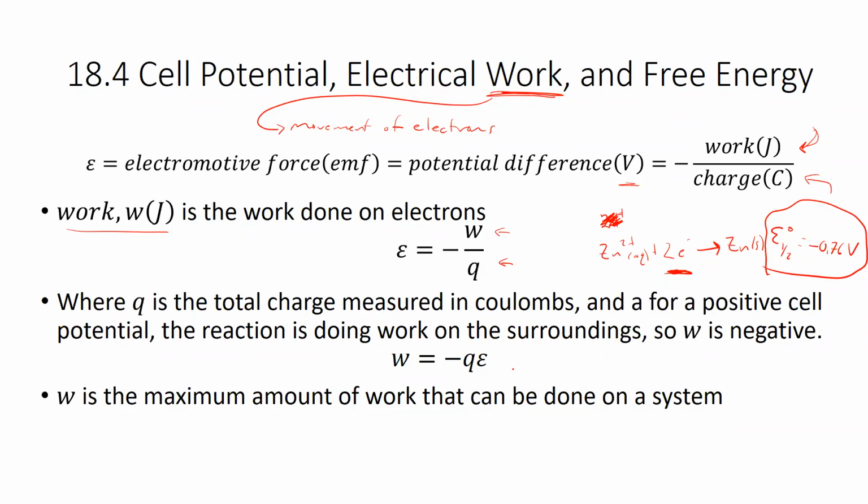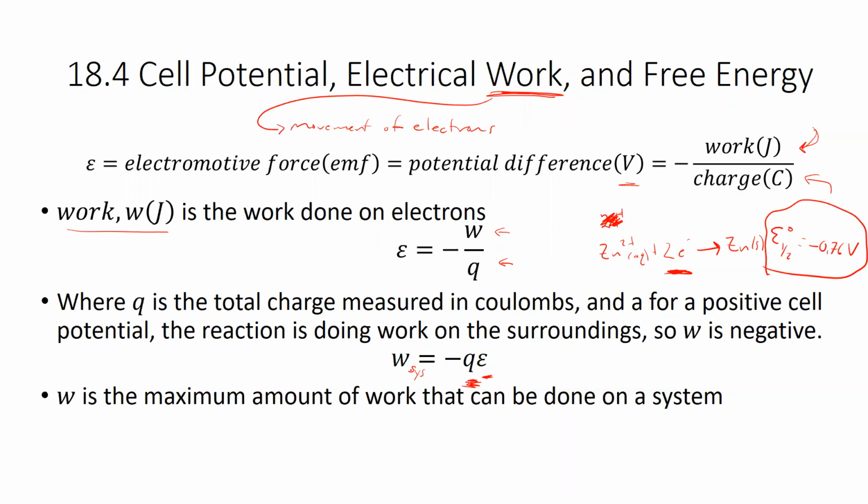And so what we can do here is say, okay, if we think about the charge as being the total charge in coulombs, and that Q is the positive charge, and for a positive cell potential the reaction is doing work on the surroundings, that must mean that if E of the cell is positive, we're going to be doing work on the surroundings, which means that the work for the system, so I can put SYS there, right?